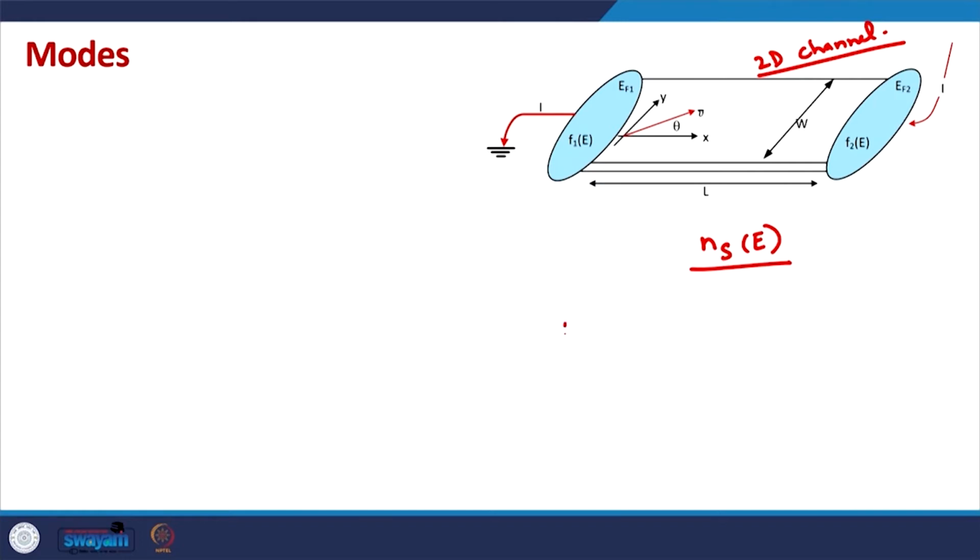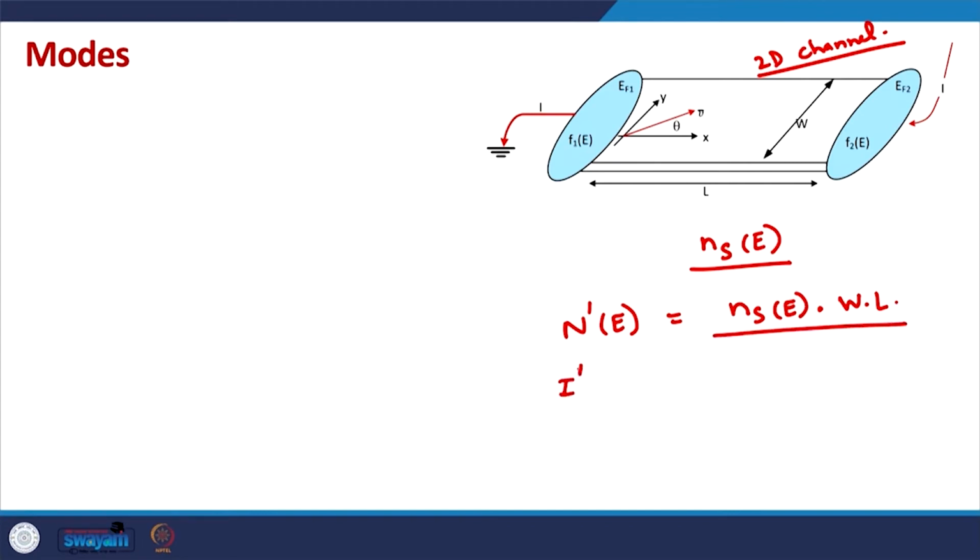Then the number of electrons in steady state at the energy E will be the charge density at that energy times area, and the area of a 2D material is just length times width. This is a straightforward expression.